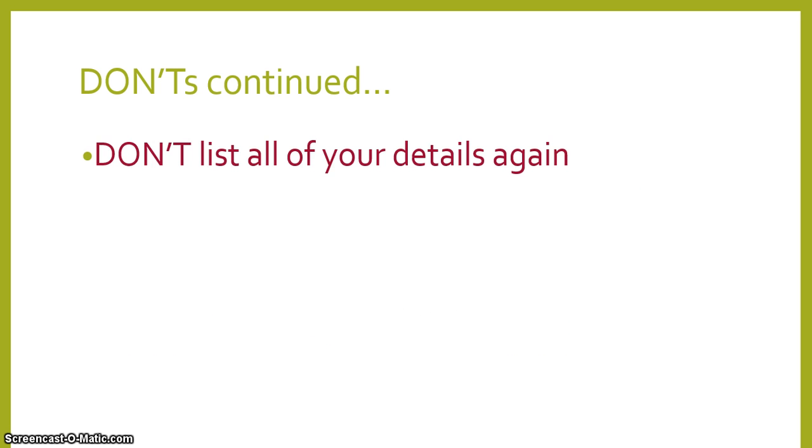More don'ts. Don't list all of your details again. That is often taught in younger grades, and that's okay. But as we're moving into more adult writing, we don't need to list all the details again, especially when writing just a paragraph. Generally, your reader can follow along and can see what your three details are.